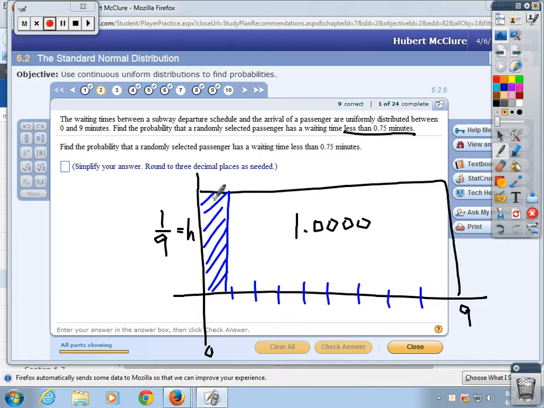So this one's easy because you don't have to do any figuring. You know that base is what? 0.75. So it'd be 0.75 times 1/9. Somebody tell me what you get. 4 digits, please. 0.0833.